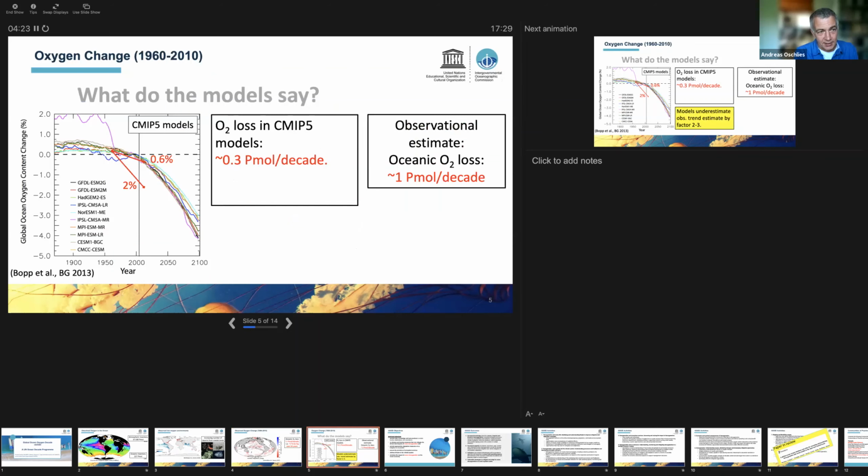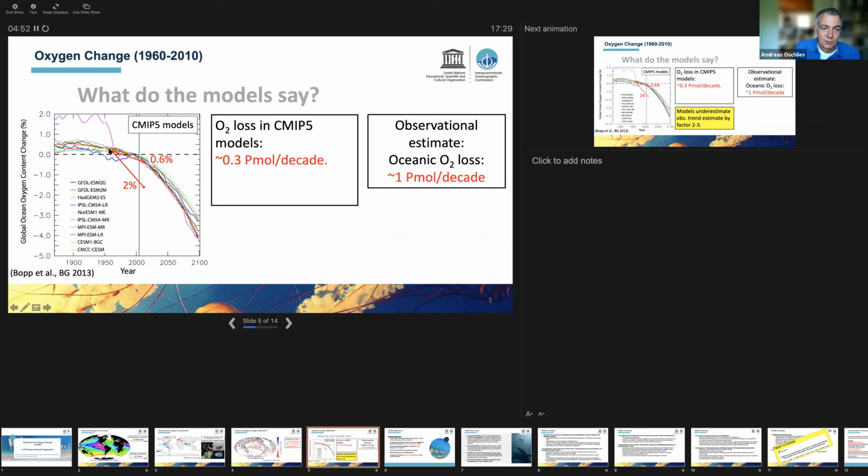What do the models say? This is still CMIP5 on my slide. CMIP6 doesn't make a big difference in global oxygen inventory changes. Current models underestimate the observational estimate of oxygen decline. For the last 50 years, it is about 0.6% in the CMIP5 models, and very similar in CMIP6.